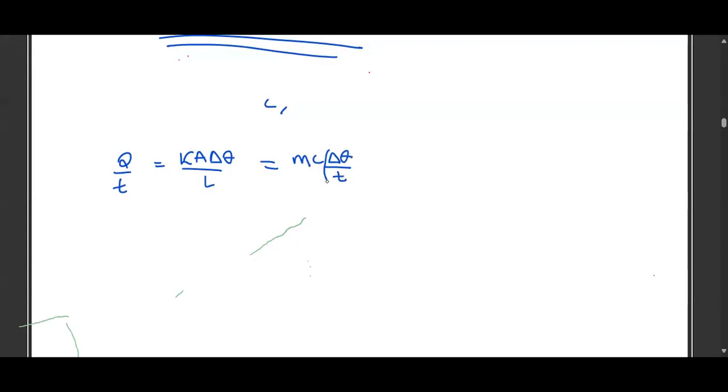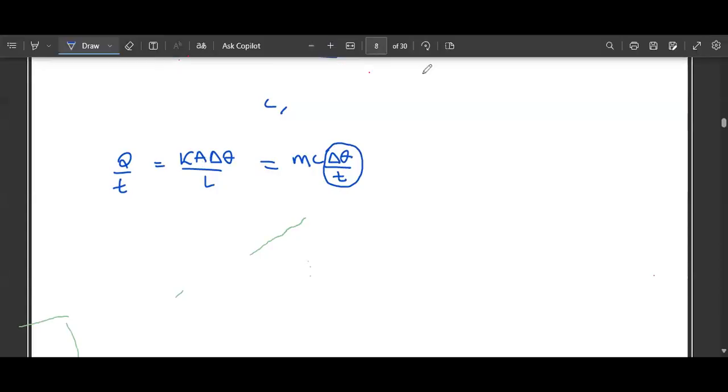Now, this is going to give us the rate at which the temperature is going to be increasing for water. Now, what they're asking us to get here, they want us to estimate the difference.